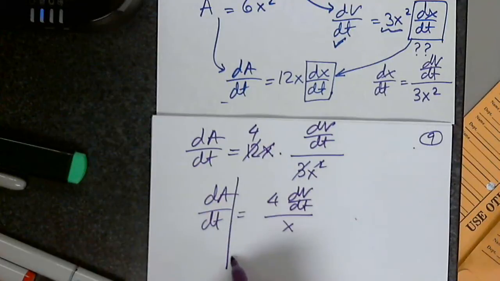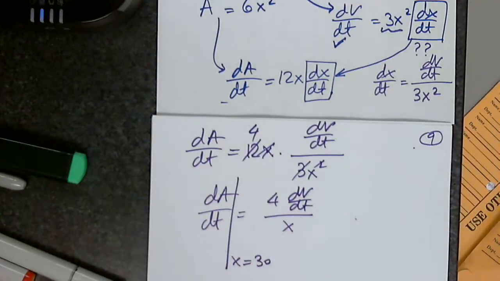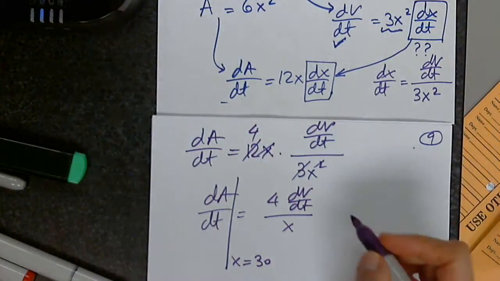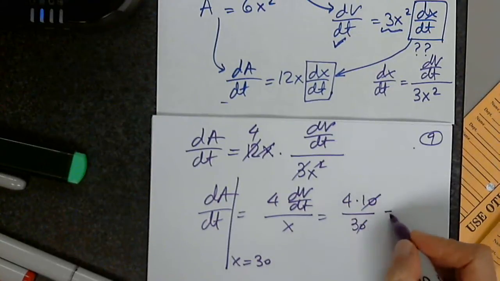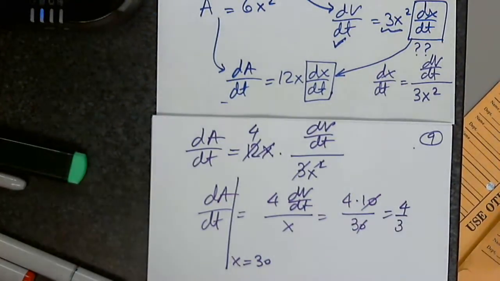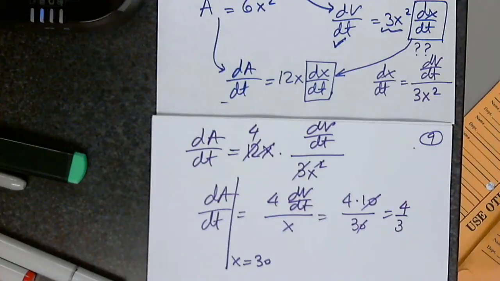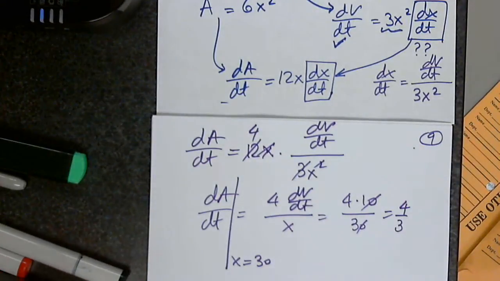So now, only now, I say, okay, I'm really asked to find how fast the total surface area is changing when x is 30. So all I have to do is write 4 times 10 over 30. Simplified, it is 4/3. Without a measurement unit, I can't give full credit.